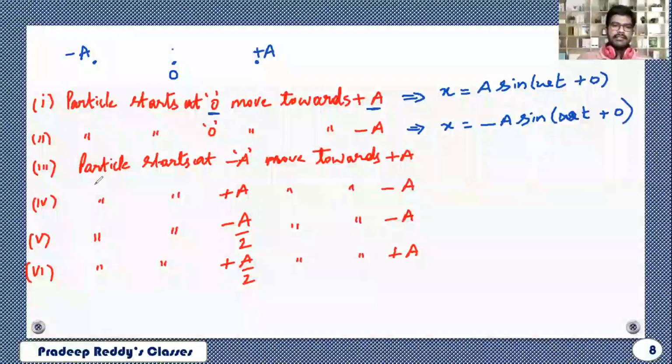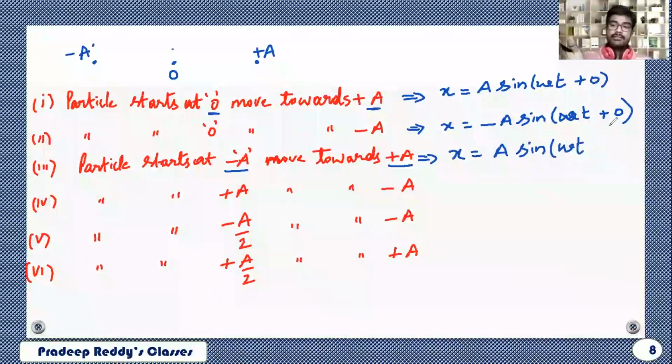Next, in the third case, the particle starts at minus A and moves towards plus A. So the particle is starting at this position and it is going towards this plus A. So it has some phase difference from mean position. I will write it as x is equal to A sine of omega t.